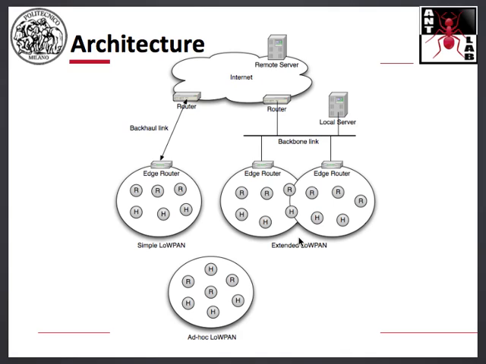So the architecture is the same as in ZigBee, but the functional role of the edge router is fundamentally different from the functional role of the ZigBee PAN coordinator or the ZigBee coordinating device. This is the most important difference between ZigBee kind of architecture and 6LoWPAN ones. Why so?